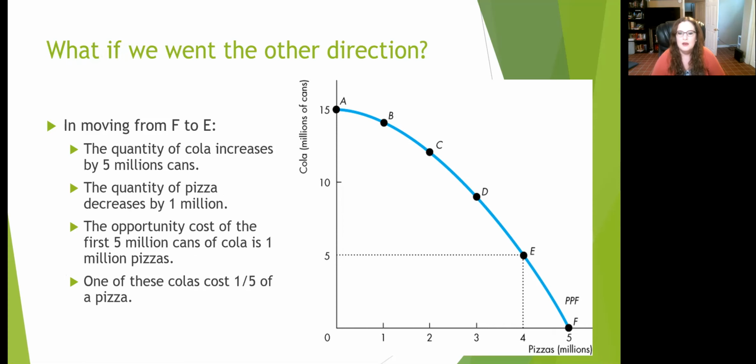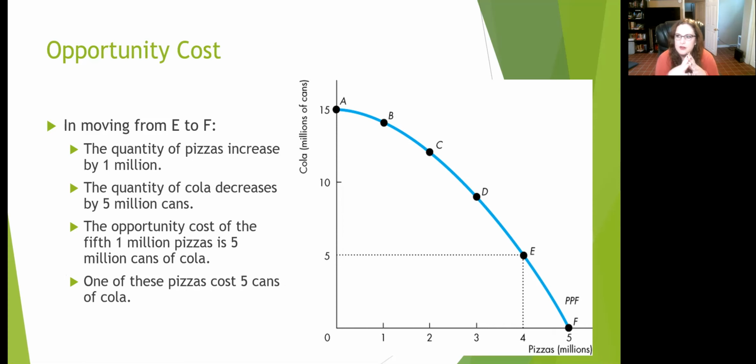So let's talk about opportunity cost, because I will ask you to calculate this roughly with very rough numbers on your homework and on your test. So let's use the example I was talking about, moving from E to F. So moving from the point where we have 4 million pizzas and 5 million sodas to having just 5 million pizzas and 0 sodas.